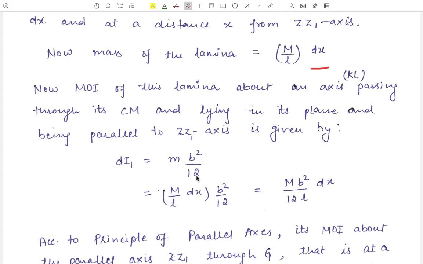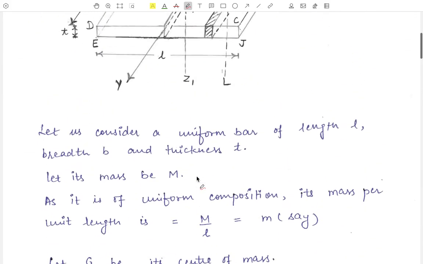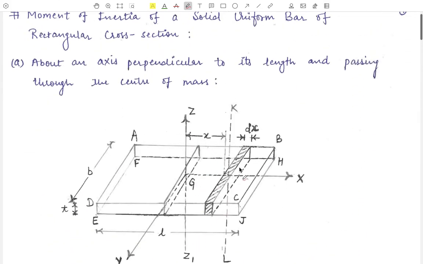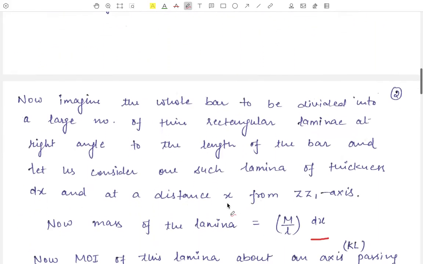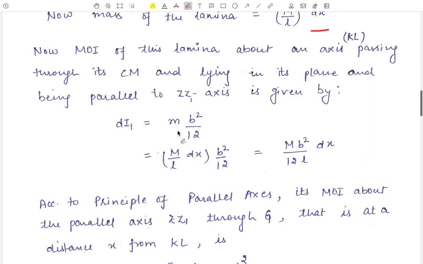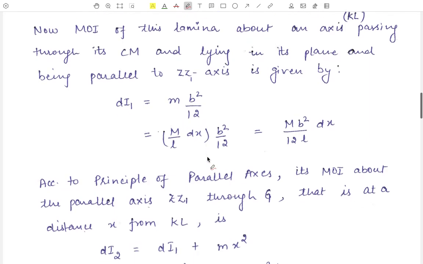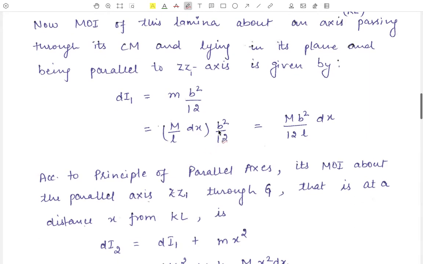Since the length of the lamina is this b, its moment of inertia will be equal to mb square upon 12, that is M upon L dx into b square upon 12, or we can say that Mb square upon 12L into dx. This is the moment of inertia of the lamina about the KL axis.